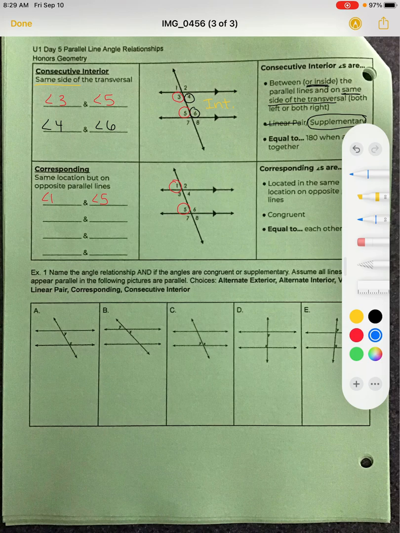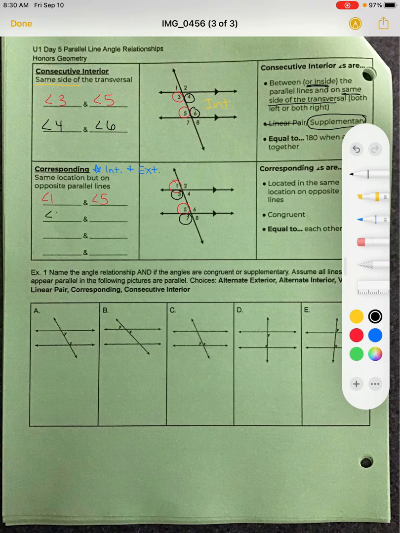So basically, this is one of the only times you have an interior and an exterior angle mixed together, where the 1 is on the exterior and the 5 is on the interior. So they have to be in the same position, and one of them is an interior and one of them is on the exterior.